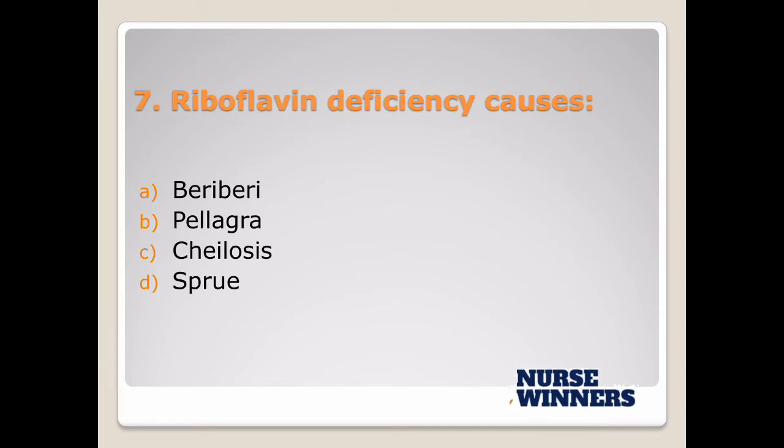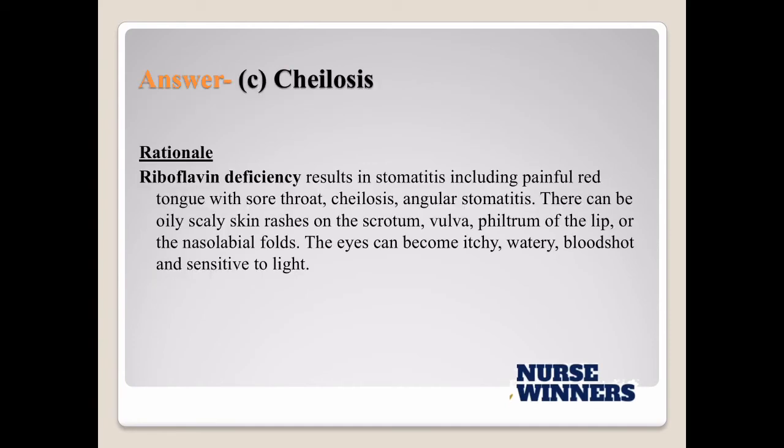Seventh question. Riboflavin deficiency causes. Options: A. Beriberi, B. Pellagra, C. Cheilosis, D. Sprue. The right answer is option C, cheilosis. Rationale.